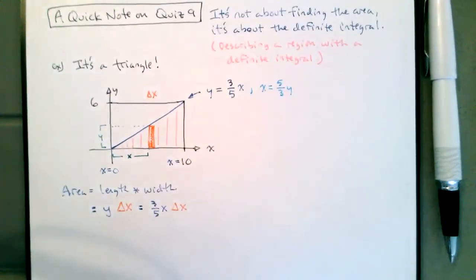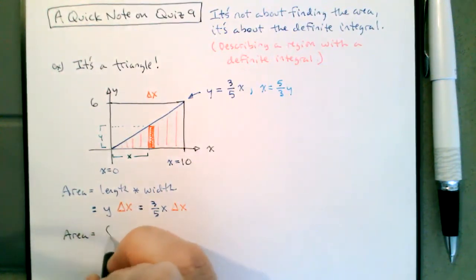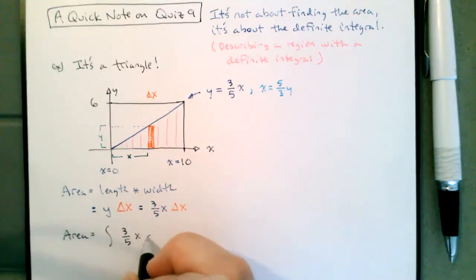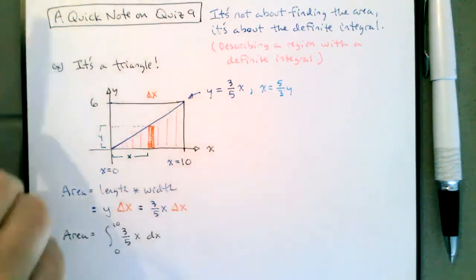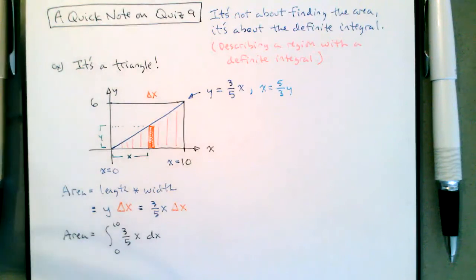So my total area is going to be the integral of 3/5 x dx, and we integrate from 0 to 10. Half the area of the rectangle, so it's going to be 30. I don't actually care about that, but it'd be a good idea for you as the student to check that this comes out to a 30, because that's the area of that triangle.